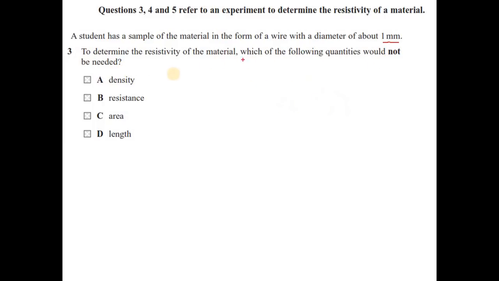So you need to look for the formula for resistivity. Resistivity rho is equal to R A by L. These are the three quantities that you need: length, area, and resistance. So density you don't need. So your option is A.